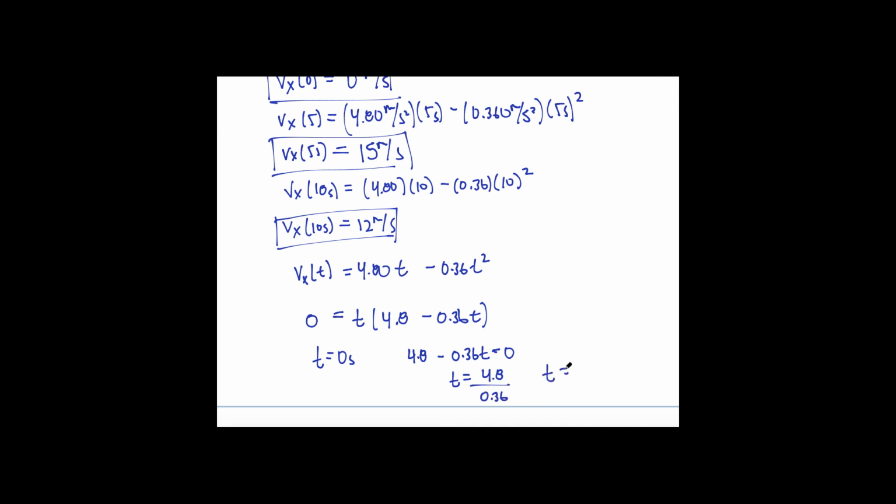So the second time for which my velocity will be equal to 0 should be 4.8 divided by 0.36, which is at a time of 13.3. And if you want to say repeating seconds, go for it. So this is part C.